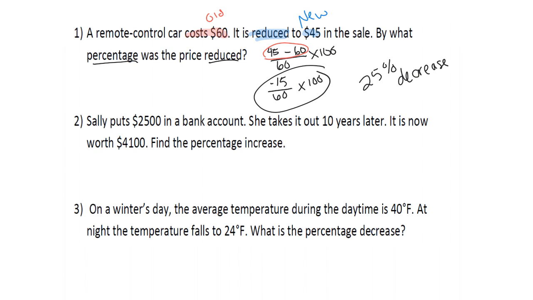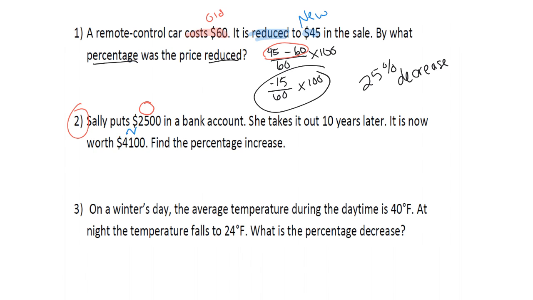I'm going to give you a moment to read number 2. Try to figure out which ones are old and which ones are new. Hopefully you figured out that this was your old and this is your new.